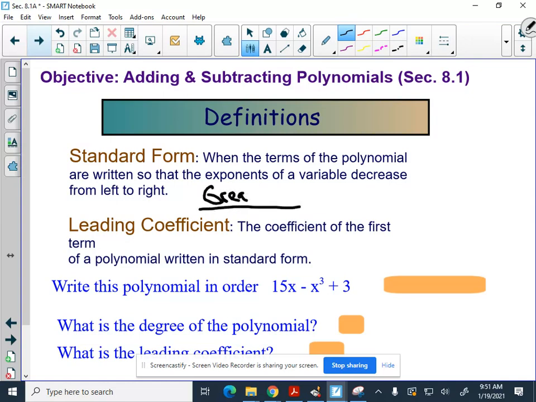Greatest degree to smallest degree. In other words, we go from biggest to smallest. That last one, it went 3, 2, 1, 0. That was in standard form because it had the biggest degree first, then the next, then the next, then the next. Make sense? So standard form is how we write it.